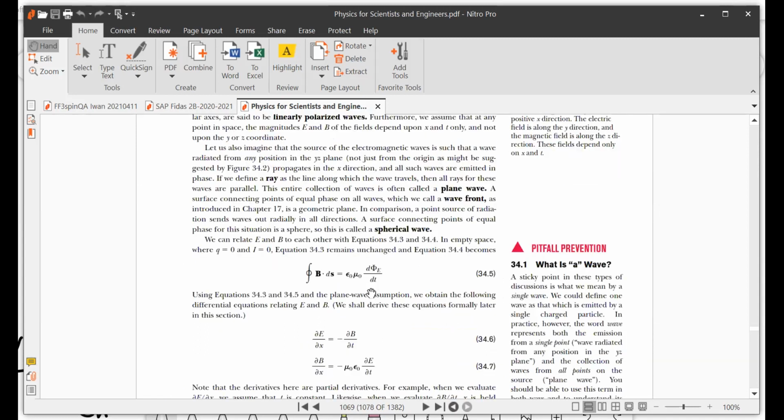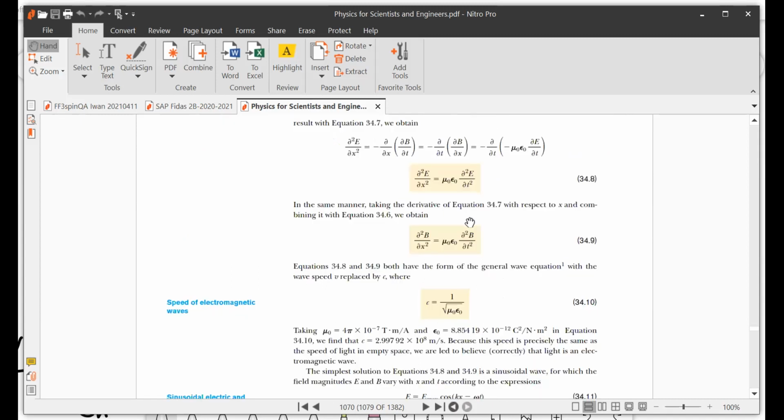We differentiate it, and then using the above equation, we get also this one. So it means that whether you use E or B as the function of the electromagnetic wave, it is equivalent. It is the same.